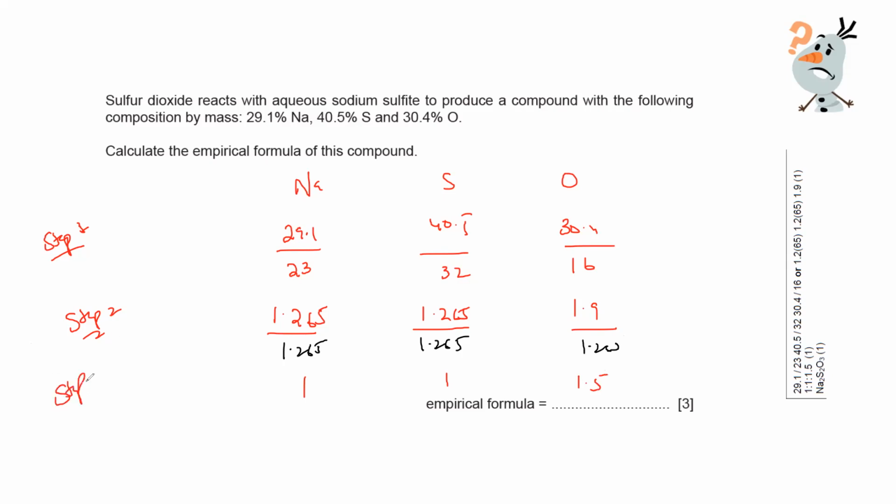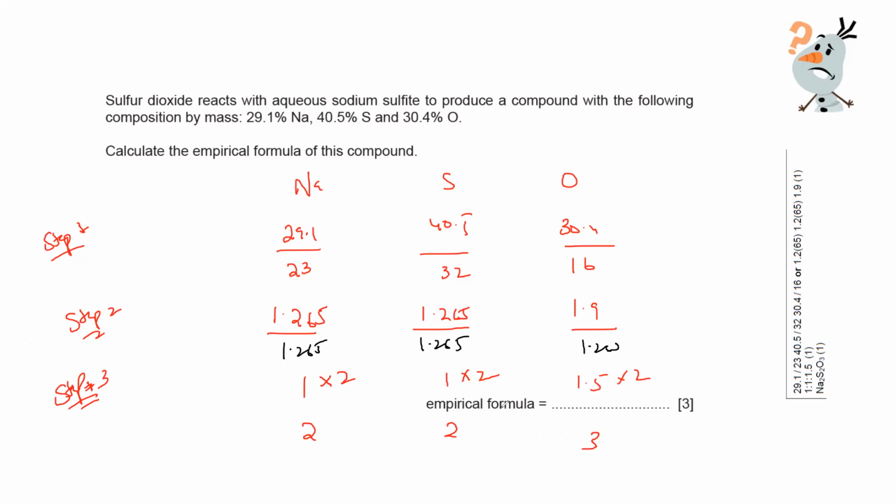Step 3 is we have to make the simplest ratio in whole numbers. If one of the values is 1.5, 2.5, or 3.5, what do we do? We multiply all of them by 2. So when we multiply all of them by 2, it will be 2 sodium, 2 sulfur and 3 oxygen.